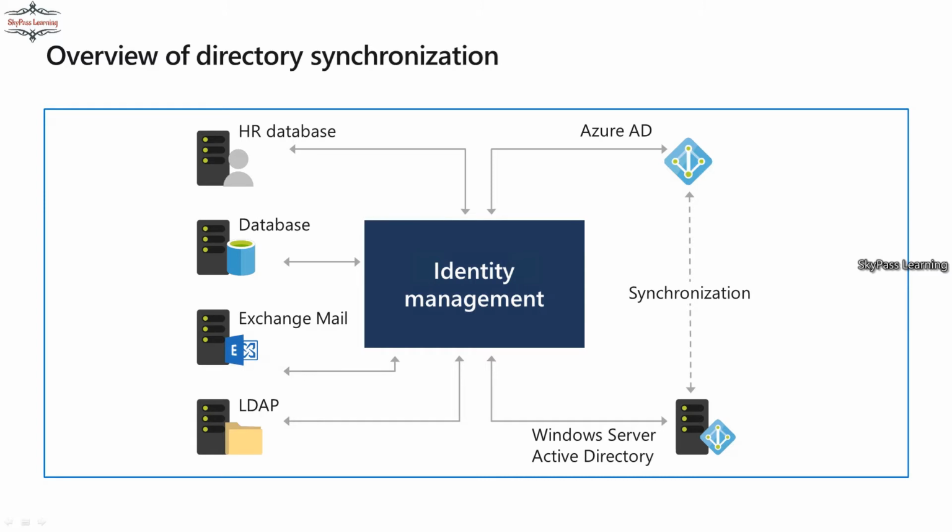From there, for any database service, Exchange, LDAP, wherever your authentication request is required, it sends the request over the cloud. You can use single forest or multi-forest synchronization. That would not be a challenge. You can define it as per your domain and your requirement.